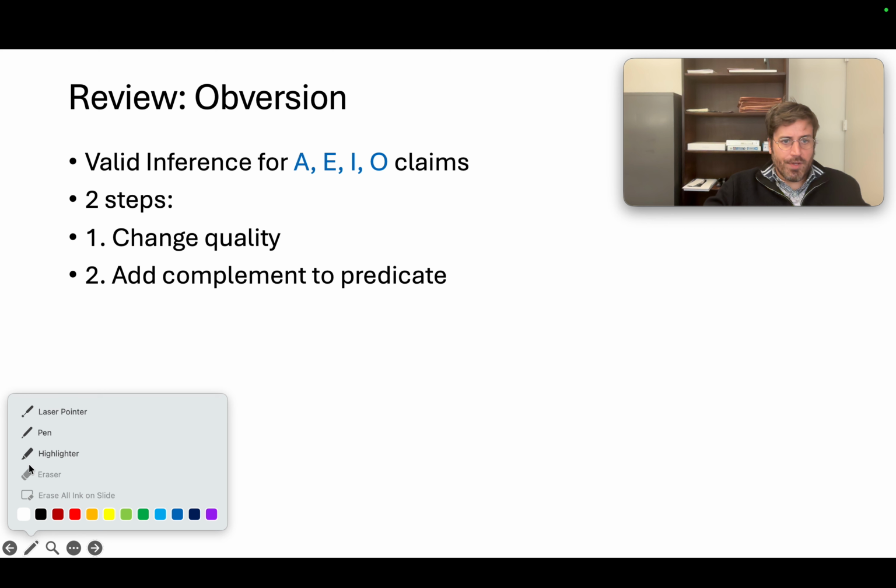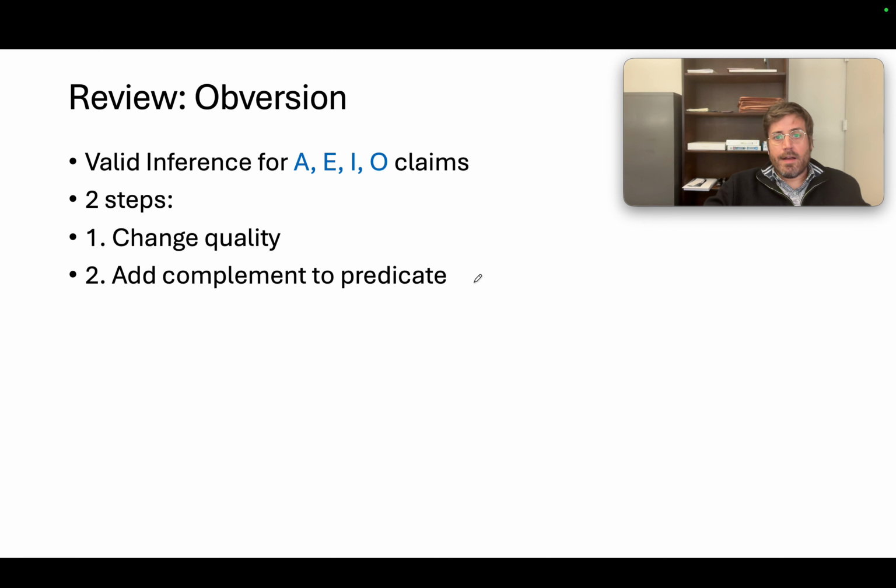And then we add the complement to the predicate. And if you're struggling to remember what the complement is, we indicate the complement simply with the term non, right? We add non to the predicate to indicate essentially everything in the world that does not go into the predicate class.